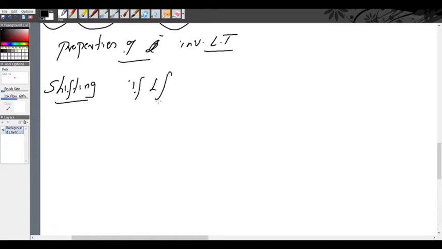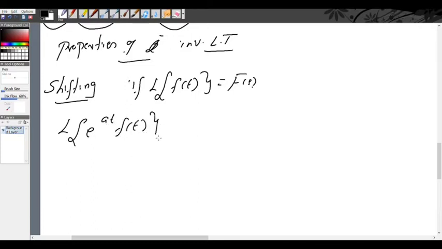If the Laplace transform of f of t is equal to F of s, then according to the shifting property, e power at f of t gives a translation operation in the s domain.